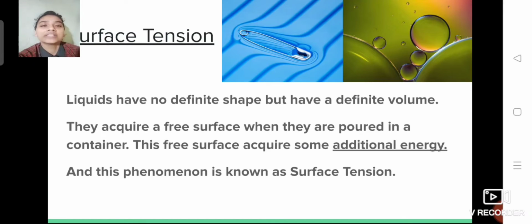We have already studied in our earlier classes that liquids have no fixed shape but have a definite volume. So whenever we pour some liquid into a container, they acquire a free surface, and this free surface acquires some additional energy, some additional property, and this phenomenon is known as surface tension.